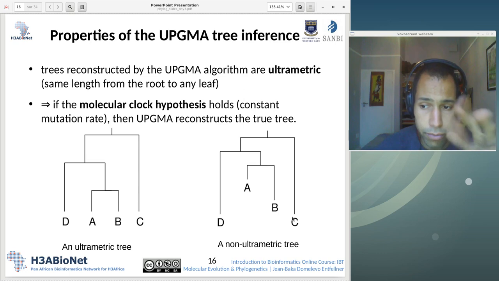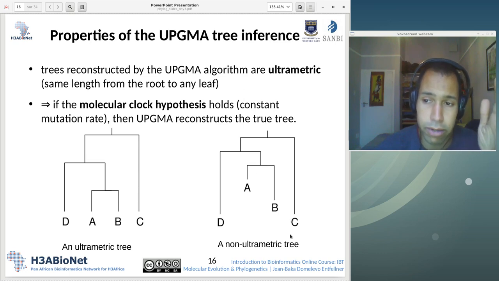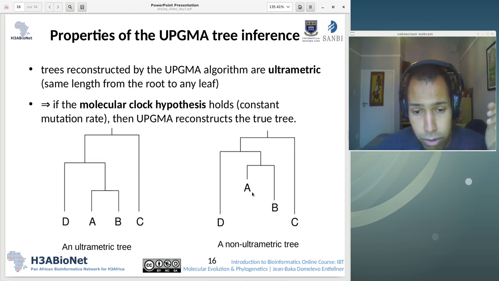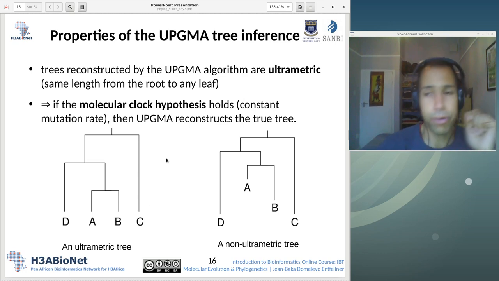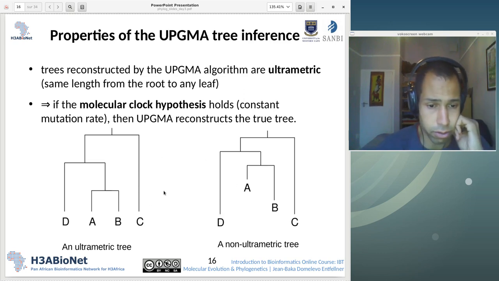Either we have 2 possibilities. Either this tree is wrong, it doesn't correspond to the reality of what happened biologically to the 4 taxa, evolutionarily speaking, or the molecular clock doesn't hold. The molecular clock hypothesis says that the mutation rate is constant all across the whole tree.